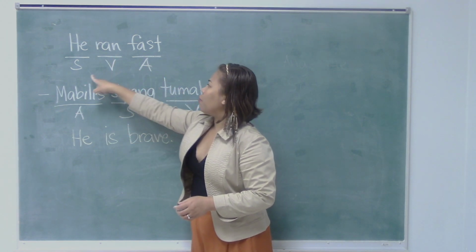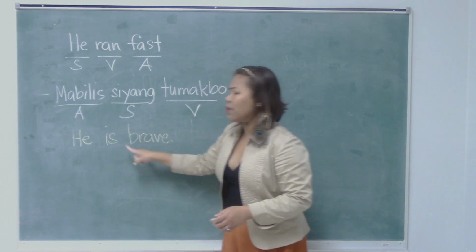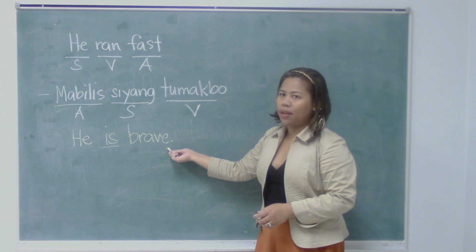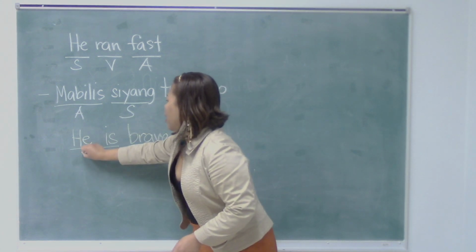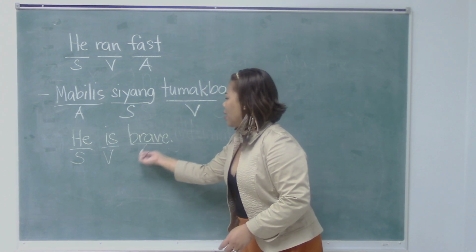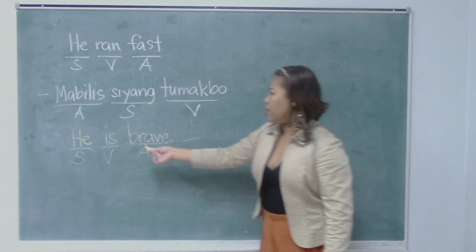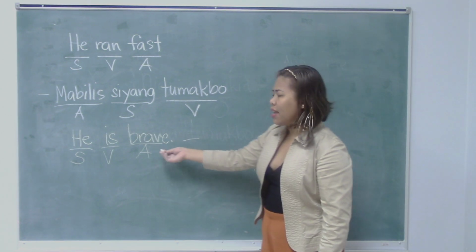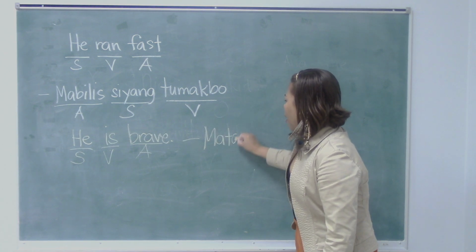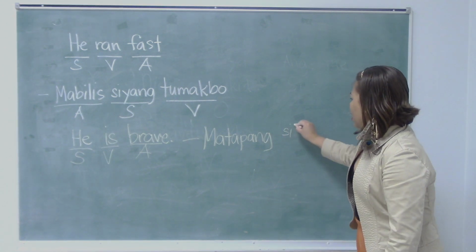So the translation from SVA will become ASV. But this is what I'm talking about. What if we don't have the real verb, we only have the linking verb, is. So, he is brave. Now, this is still in SVA. He is our subject, our verb is is, and then brave is the adjective. SVA. But when we are going to translate this in Filipino, we'll start with the adjective. So, brave in Filipino is matapang. I would say matapang siya. He is siya.